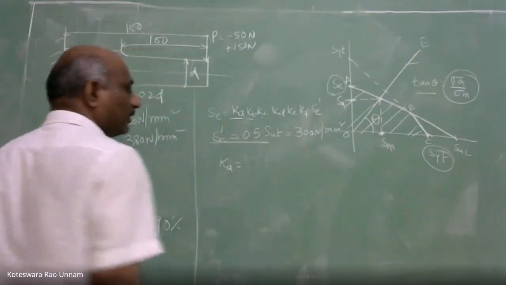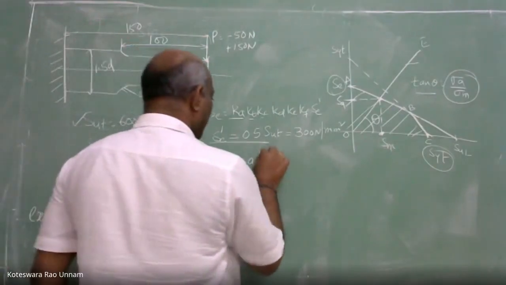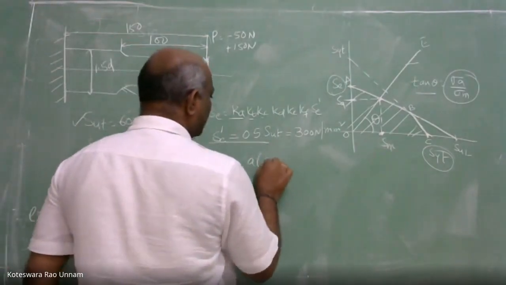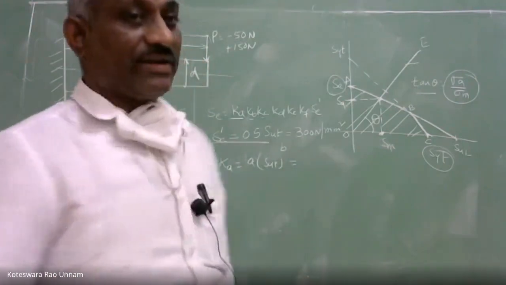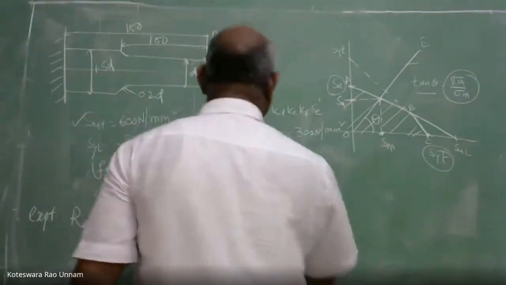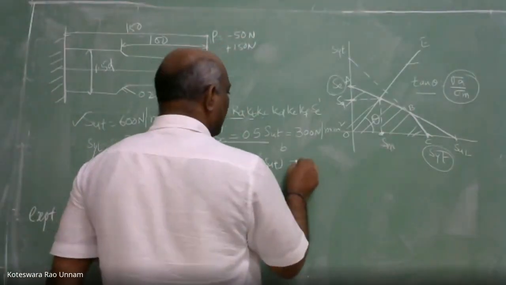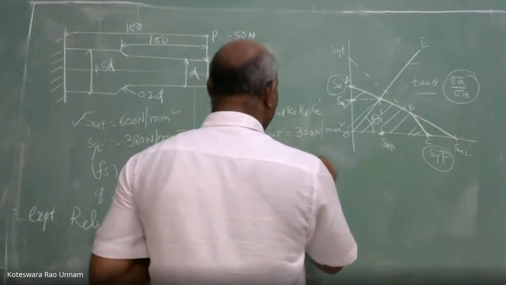Ka, surface finish factor. If you use the empirical formula A into SUT power B for Ka, for a cold drawn surface, what are the values of A and B? From the data book, what are the values for a machine drawn? A is 4.51.